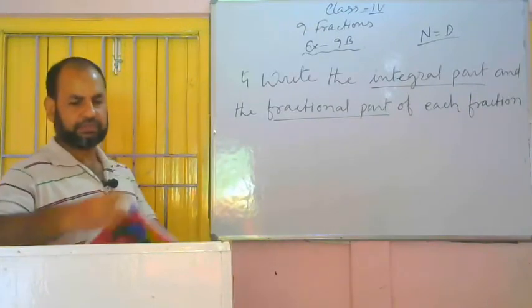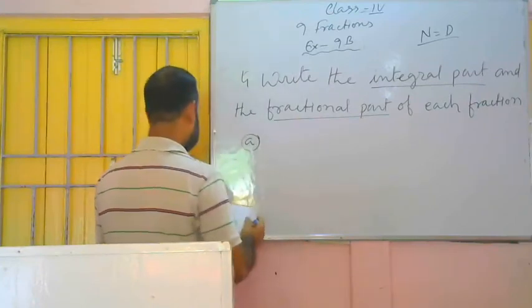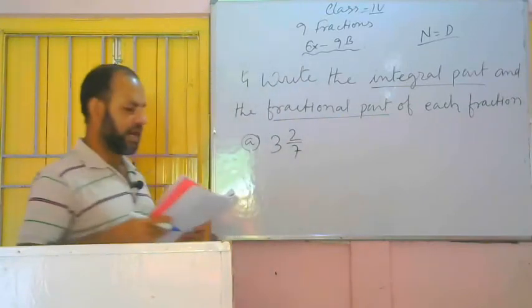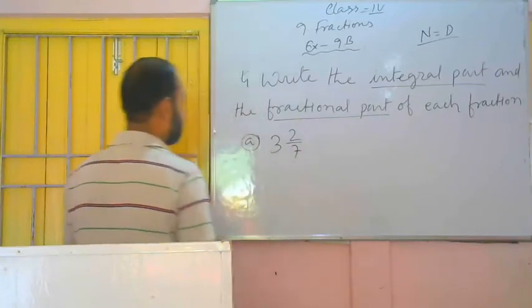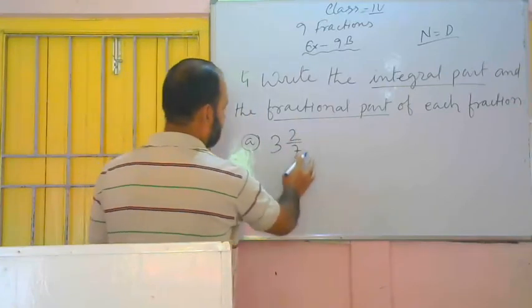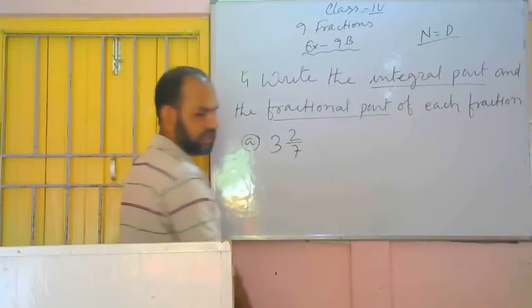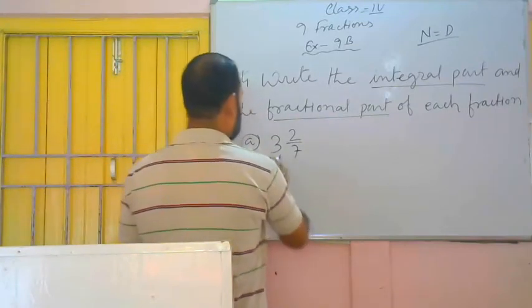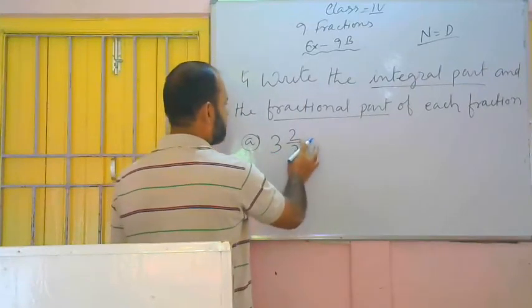So question number A: 3 2/7. This is a mixed fraction. Here 3 is a whole number and 2/7 is a proper fraction. We know in a mixed fraction the whole number part is called the integral part, so here 3 is the integral part and 2/7 is the fractional part.